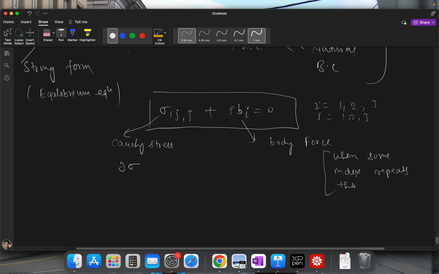And when the index is not repeating, that index will be a free variable. So here i is the free variable.